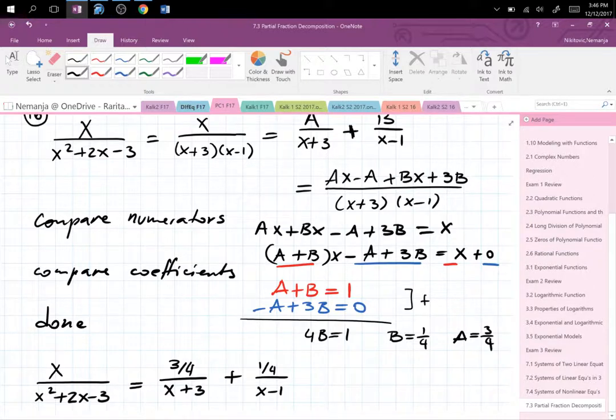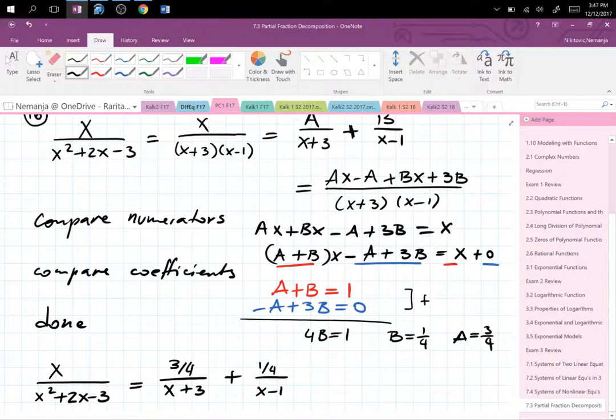From the first two, we factor out x, and its coefficient we equal to the coefficient of the other side, which is the red equation. And then we have this part here, which is equal to the blue equation, and the 0. We already see that a and negative a are set up for cancellation as you add. You add them. B is 1/4 immediately, and then a is 3/4 because they have to add to 1.